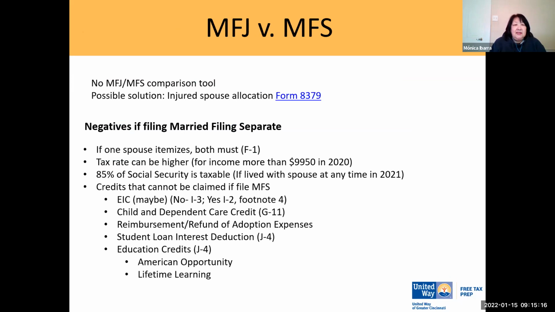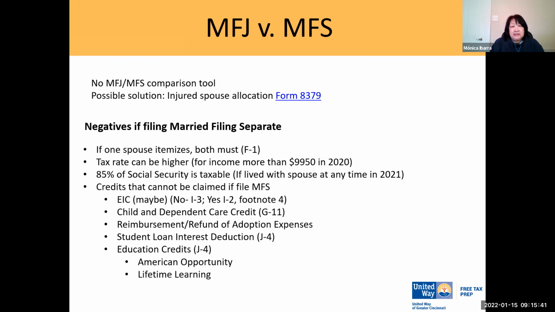All right, married filing joint versus married filing separate. Now we're talking about filing status. If you're married, you have the option of filing joint or filing separately. And so I will start by saying that in our software, we do not have a married filing joint, married filing separate comparison tool. It just doesn't exist in the software.